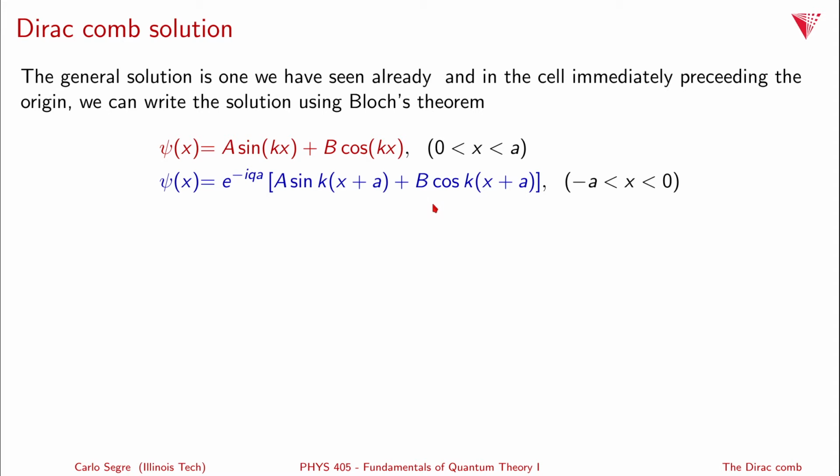We move back by 1, so we have e to the minus iqa times A sine of k times x plus a, plus B cosine of k times x plus a, where x is from minus a to 0. So when x is minus a, this is simply 0. And when x is 0, this goes to a. Right? Because that's basically the function that we had before, but in terms of a shifted position.